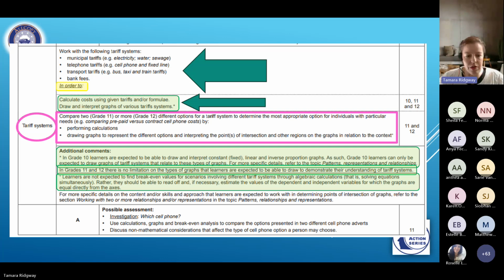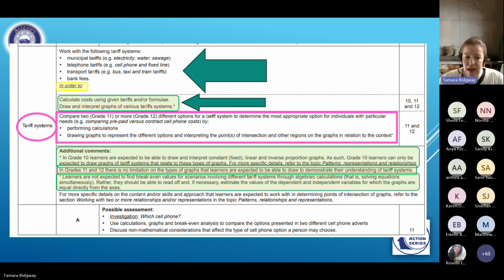Okay, so we now know all those scenarios. In order to what? In order to calculate costs using given tariffs and/or formula, and then to be able to draw and interpret graphs of various tariff systems. This is a biggie here, I think, important.